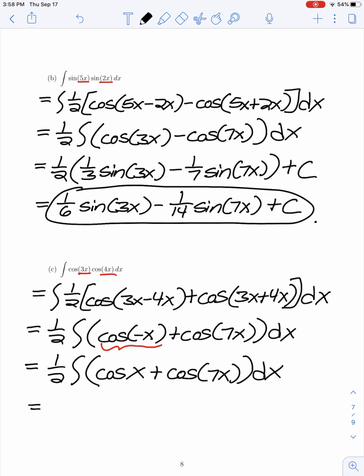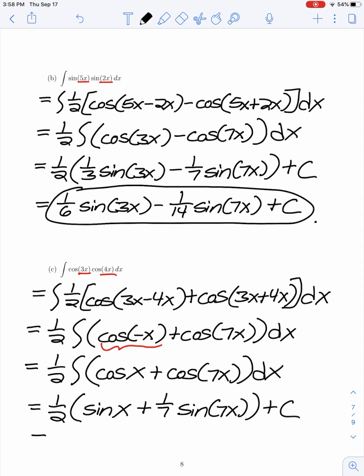So we have here a 1/2 of the integral of cosine x, which would be sine x, plus the integral of cosine 7x, which would be 1/7 sine of 7x, plus c. Or again, distributing the constant 1/2, I could rewrite this as 1/2 sine x plus 1/14 sine of 7x plus c.